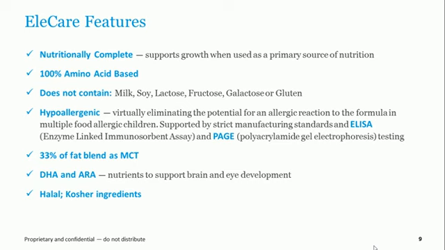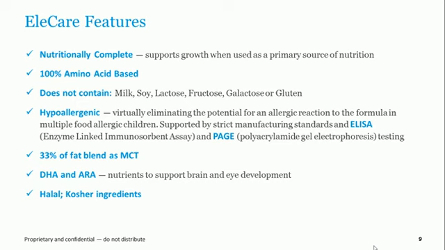Hypoallergenic, and I'll talk a little bit about it later. Again, we make sure, not only have we studied it to make sure it's hypoallergenic in cow's milk allergy children, but every batch is tested to make sure it has no presence of soy, casein, whey, because these products still are made in a plant that on the other side of the plant they make products that have milk protein.